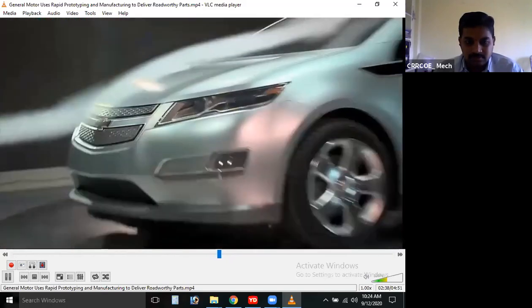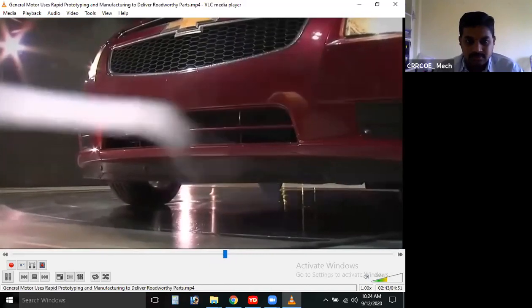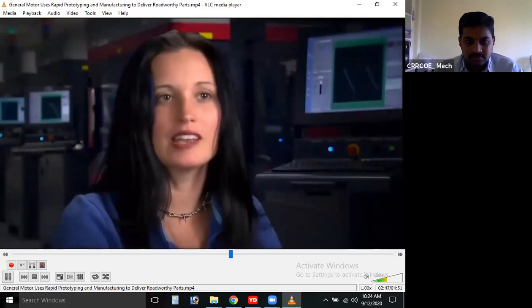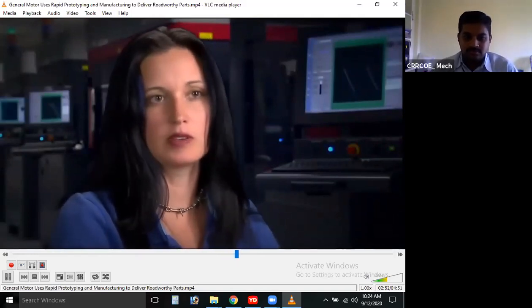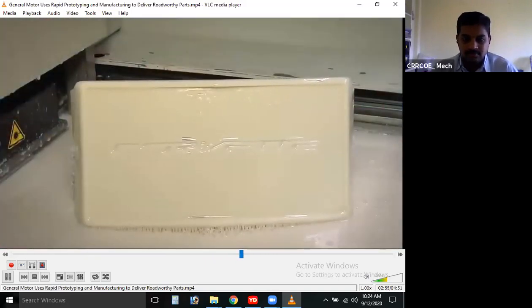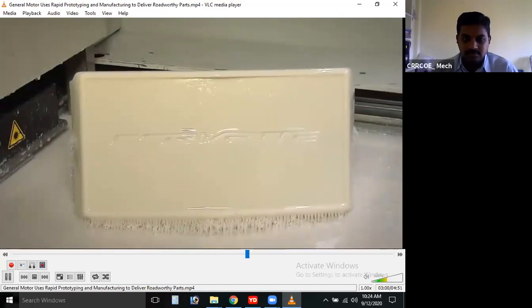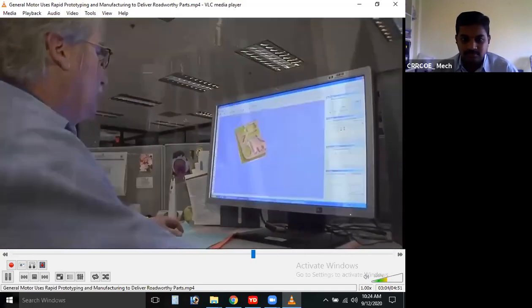So we can make it out of the RP lab, put it on the car, and get the actual drag data off of it. If we have the right parts at the right time, and we can get the data upstream enough, then we can get more drag reduction into the vehicle, ultimately resulting in better fuel economy for the customer. This process has proven out to eliminate a lot of early stages of tooling for engineering, for manufacturing, and it is just a fantastic medium to have.